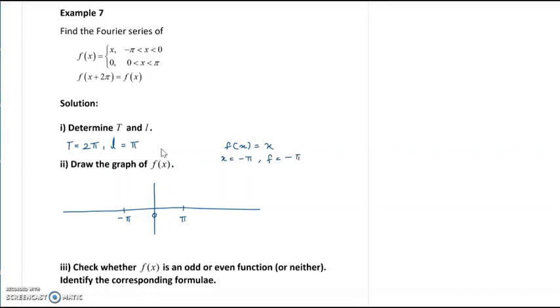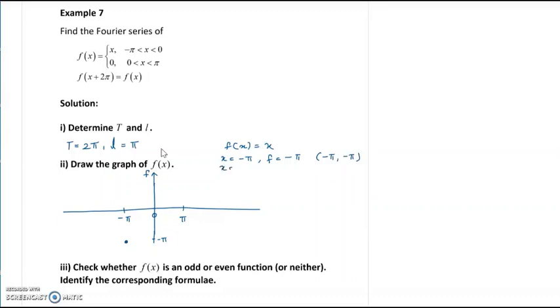So f equals negative pi is at the bottom, so somewhere here is negative pi, the value of f. So we have the pair of negative pi and negative pi, so the node will be here.